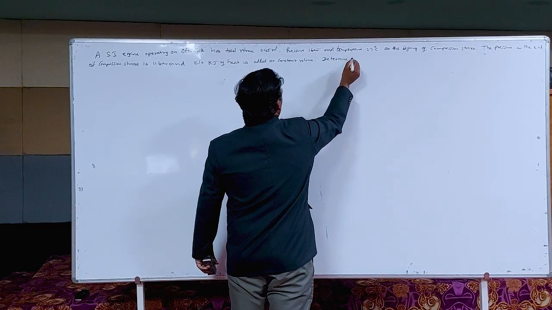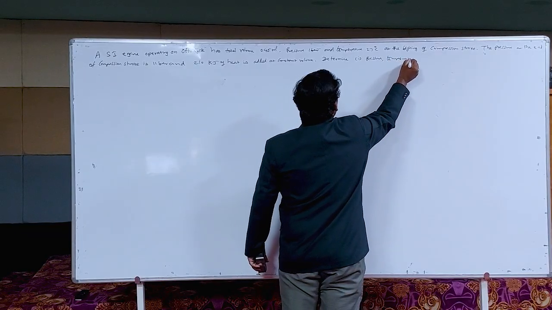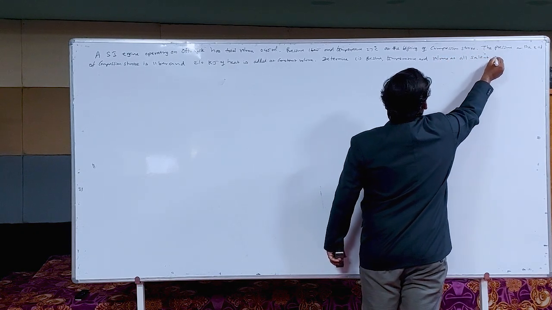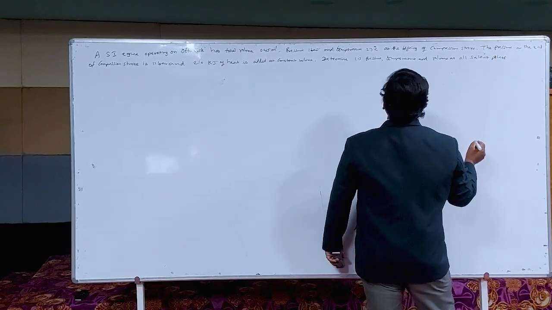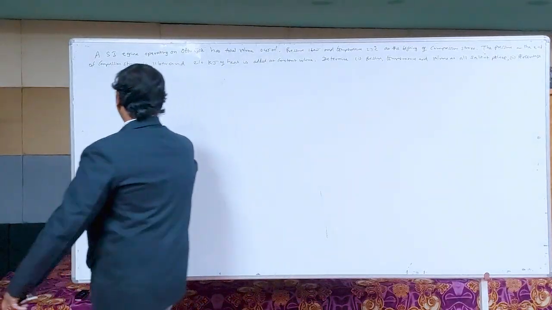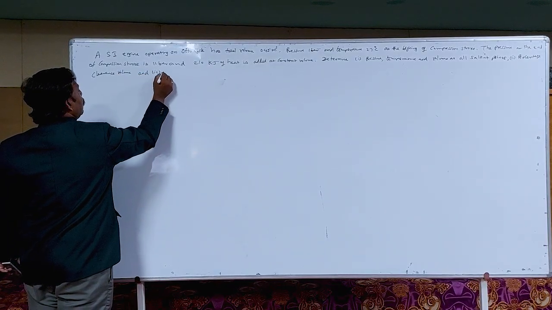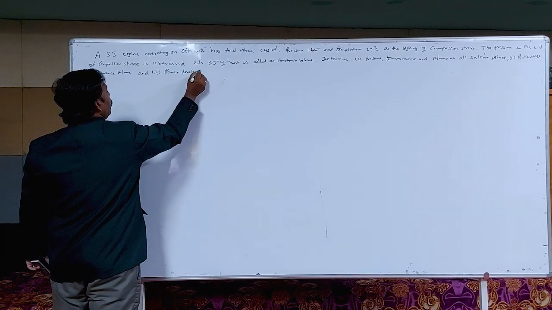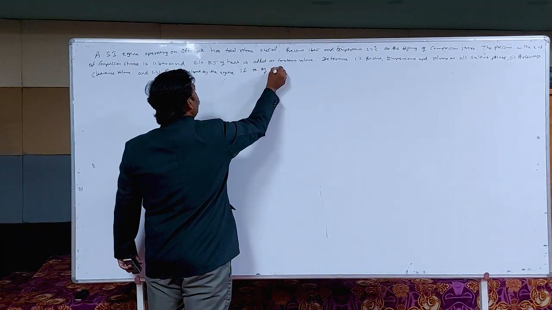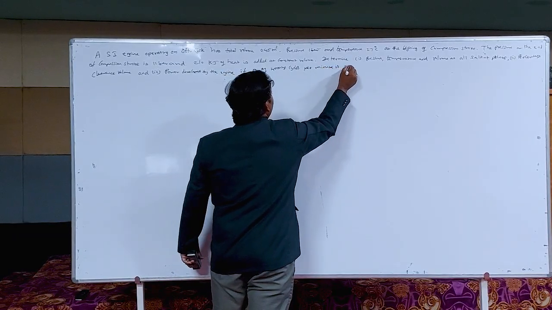Determine pressure, temperature and volume at all salient points, percentage clearance volume, and power developed by the engine if the number of working cycles per minute is 250.